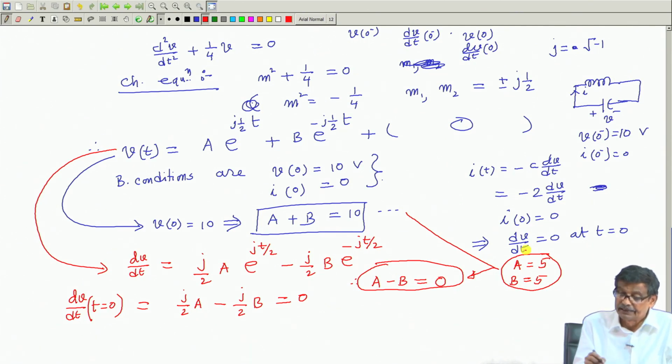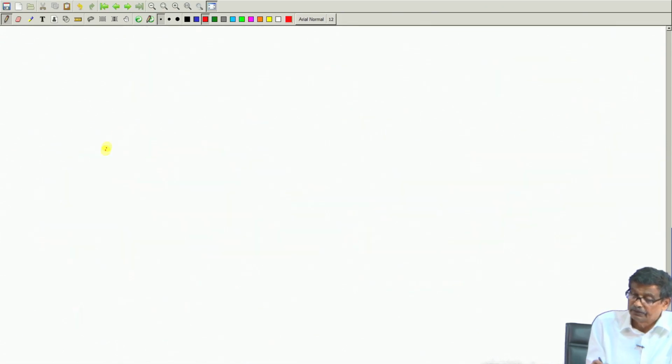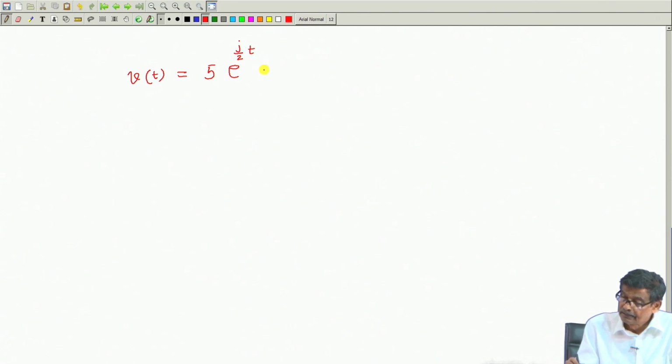Therefore, I will say voltage across the plate of the capacitor V t will be equal to 5 into e to the power j by 2 into t plus 5 into e to the power minus j by 2 into t. This will be the solution, hopefully correctly written.